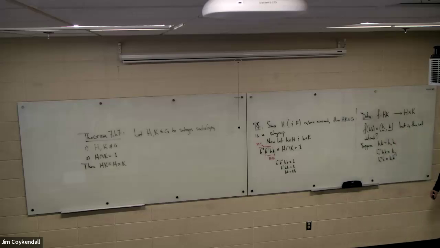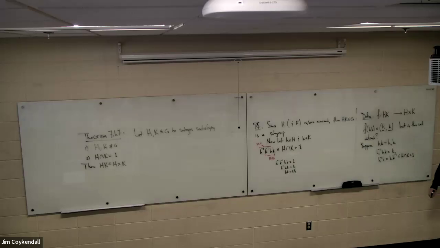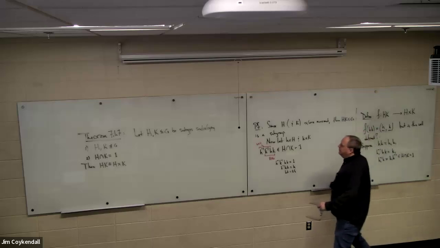Look at this little equation here. Notice this is two different ways to write this same element. Everybody agree? I could write it this way, I could write it this way, right? Notice that the left side of this is in H, the right side is in K. And once again, the fact that the intersection is trivial comes up to help me out. So what does this mean?